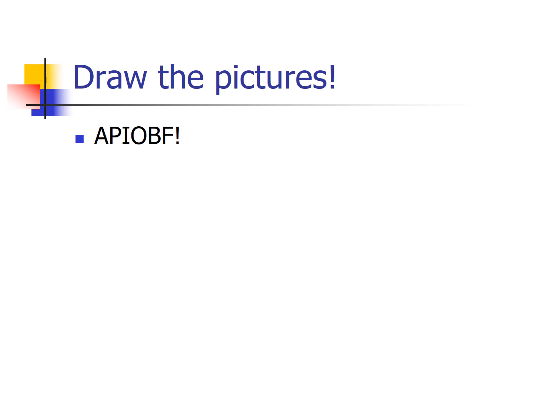And when we're working with normal probability questions, there's no better best friend than a picture. When you're not sure how to solve that problem, pull up your old friend, the picture, and that friend will be there for you and will solve the problem for you. APIOBUF. If you haven't already, draw the picture that corresponds with all the bullet points from the previous slide.